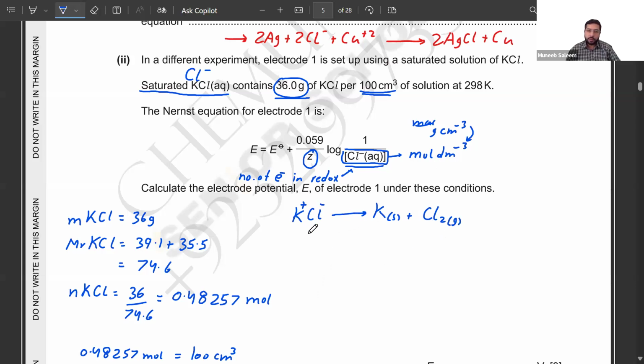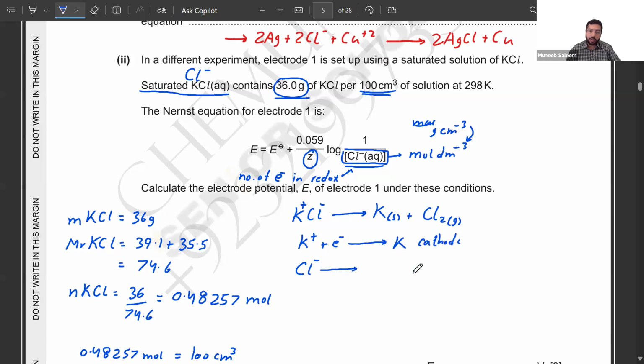Now, it means that we must split this equation into two parts, the oxidation and reduction form. So the positive ion basically gained one electron at the cathode to get reduced into metal, and the chloride ion basically lost its one electron at the anode.